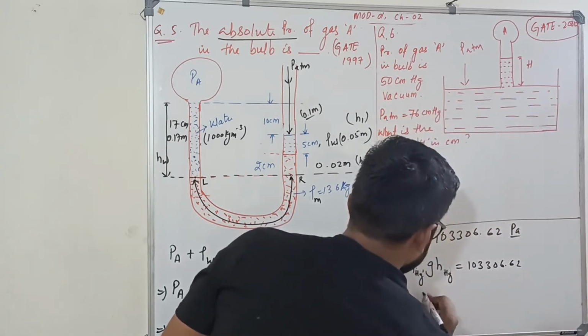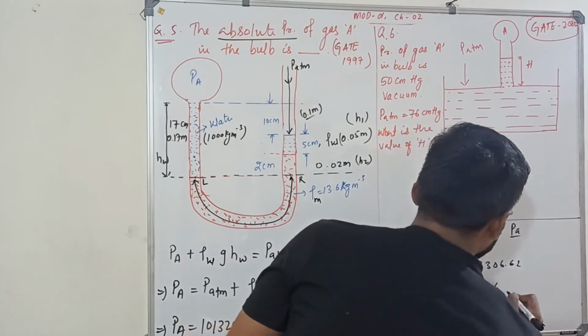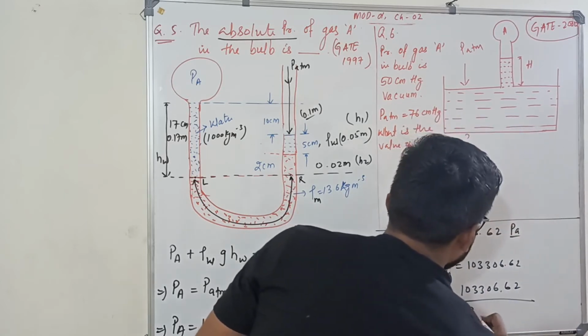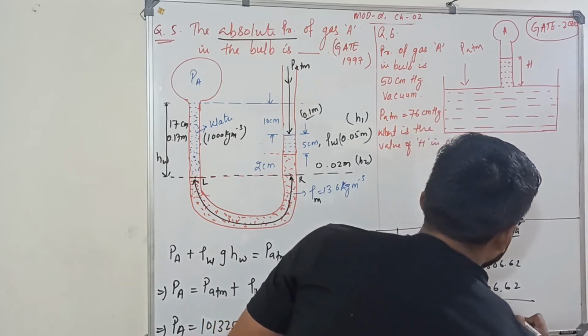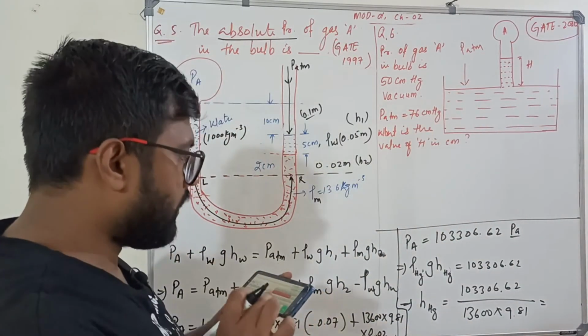Now that's it. What is your height of mercury? 103306.62 divided by what is density of mercury? 13,600. What is g? g is 9.81. Now put the formula, get the answer.